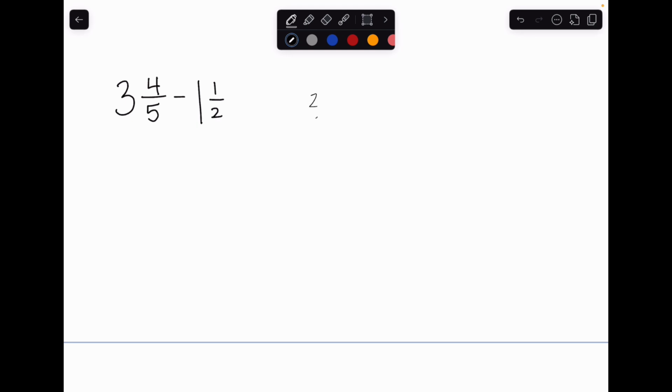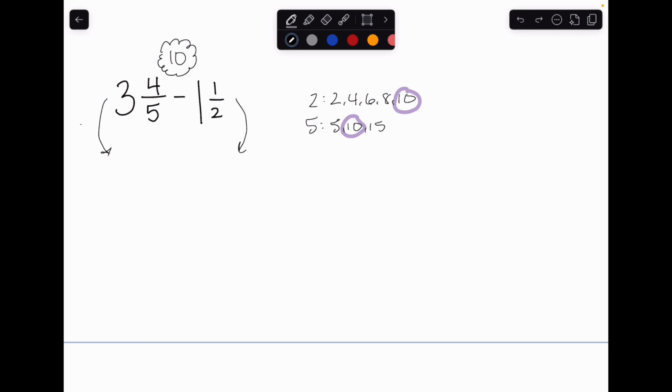Same process. I'm going to find a common denominator by skip counting these out. And I see that 10 is in both lists. So 10 is going to be my least common denominator. Next step will be to multiply my fraction pieces only.